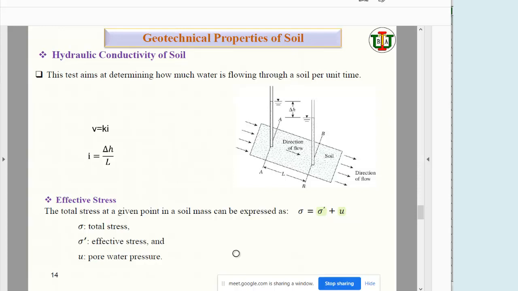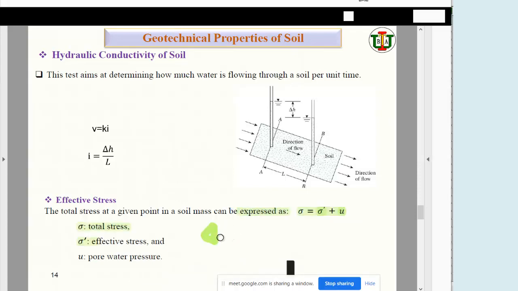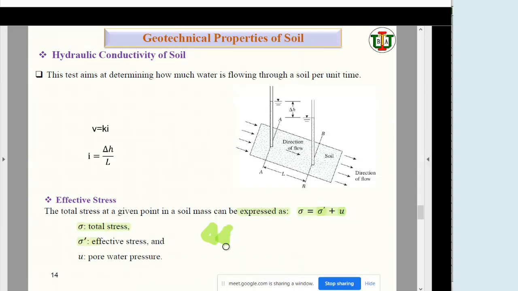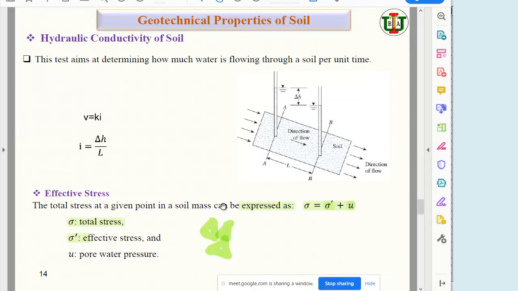If you think of soil particles, these particles are together, right? Can you see the particles, the three rectangles?